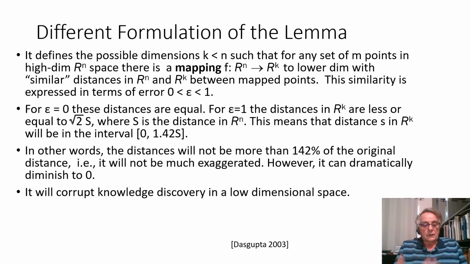In other words, this theorem means that the distances in the lower dimensional space will not be more than 142% of the original distance. So it will not be much exaggerated. However, it can dramatically diminish to 0 and corrupt knowledge discovery in low dimensional space, because cases which are actually far away from each other can have a 0 distance.